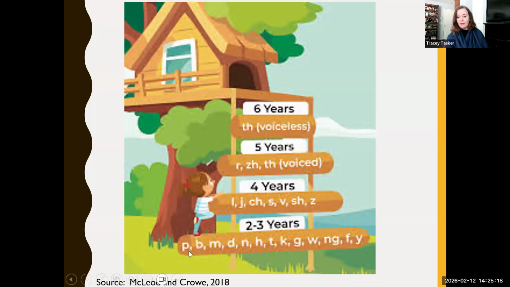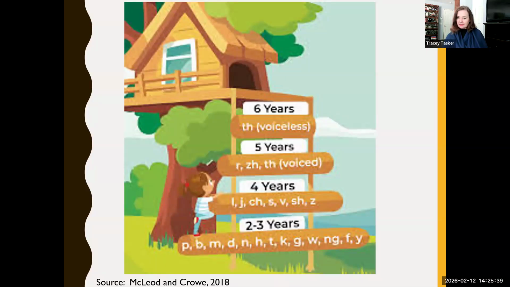So I just wanted to point it out to you because you could see that a lot of these sounds, so p, b, m, right? These bilabial sounds come in very early. And if you think about it, they're very visual sounds, right? So we can see someone's mouth making those sounds versus sounds that are harder to visualize, okay?